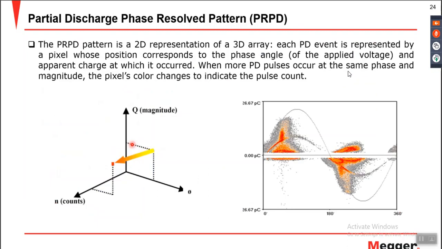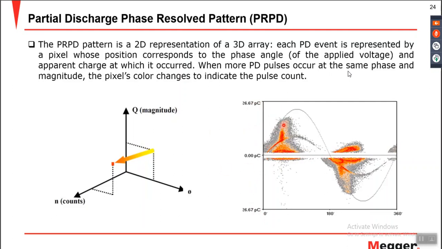So nowadays the technique called PRPD patterns, which is a phase resolved partial discharge pattern, was introduced, where these patterns are a 2D representation of a 3D array, where the x-axis is time or frequency, and the y-axis in case of an IEC 60270 measurement is a magnitude in terms of picocoulomb, or in case of a UHF measurement it is dB microvolt or a percentage.